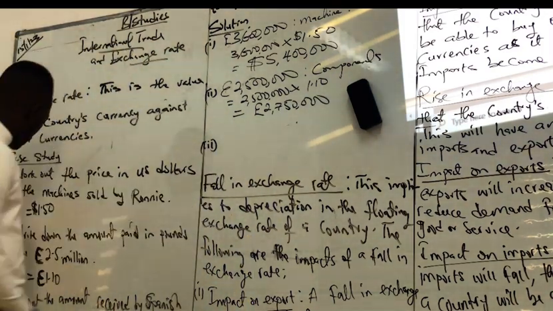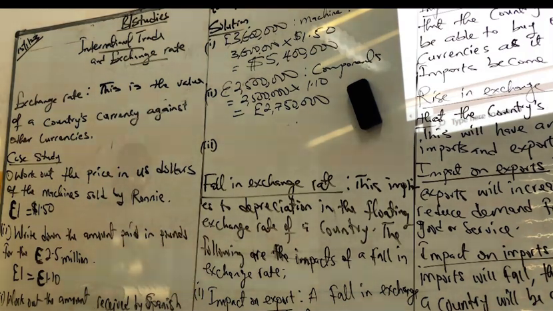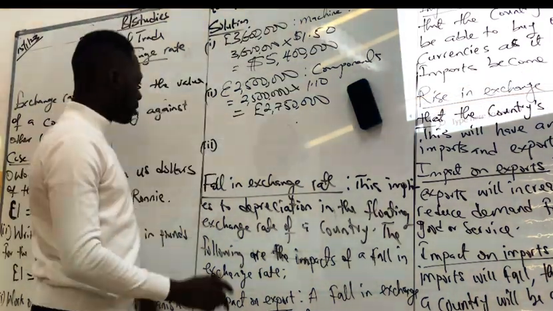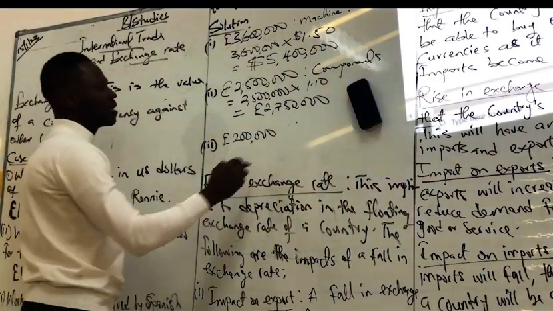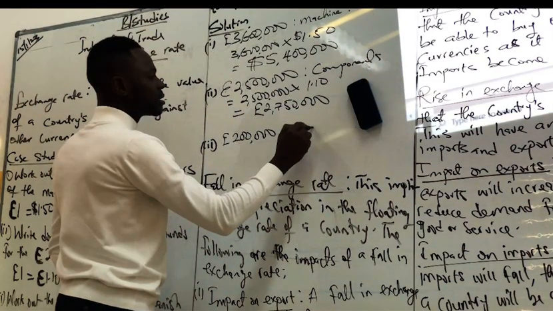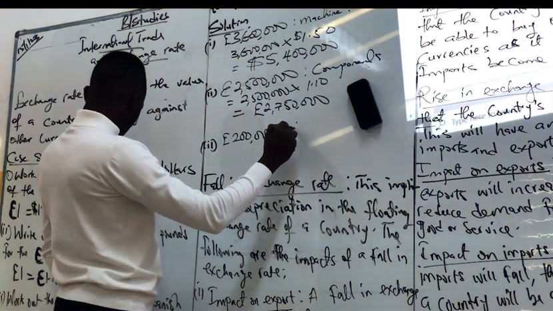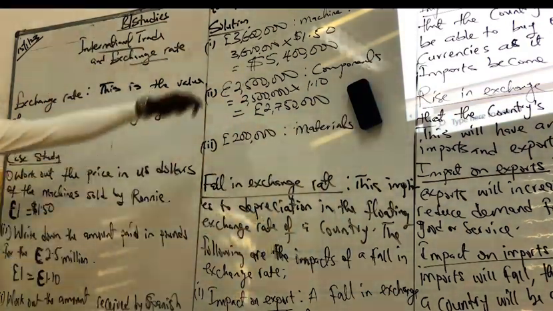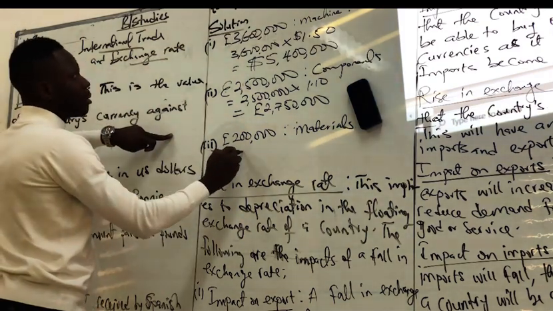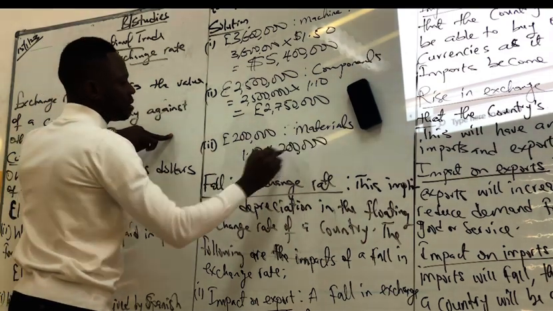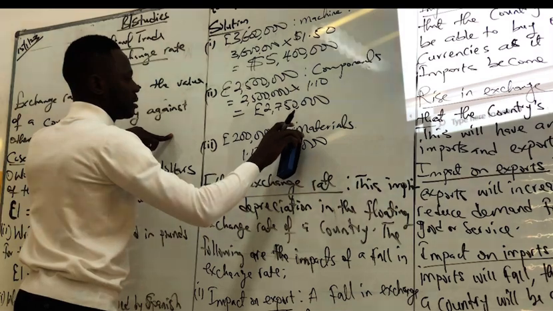The third one. They said, work out the amount received by the Spanish supplier for 200,000 pounds of material sold. 200,000 pounds of material sold. If 1 pound is this, so it will be 1.10 multiplied by 200,000.